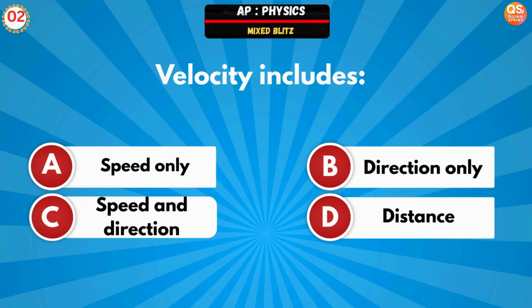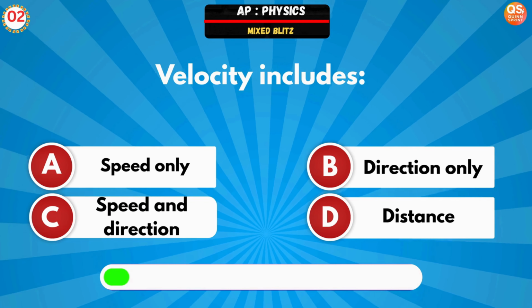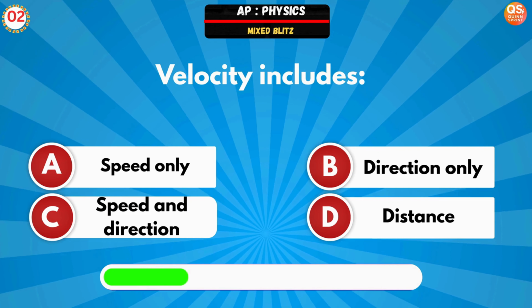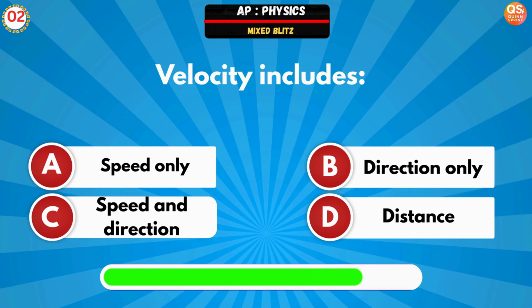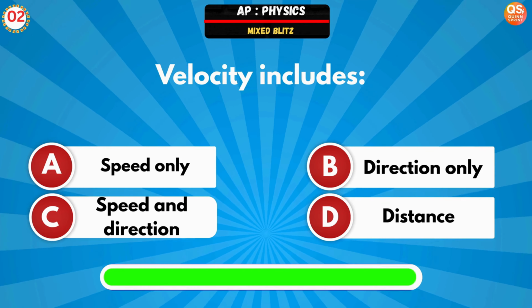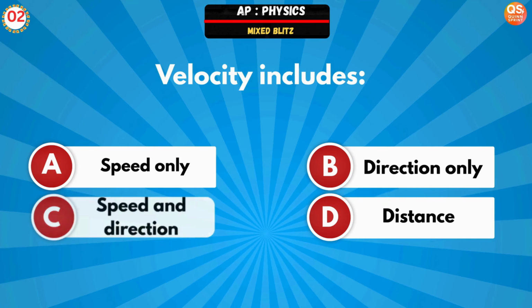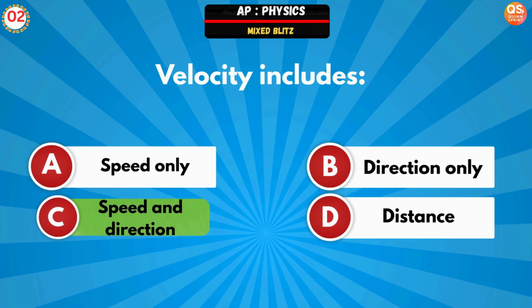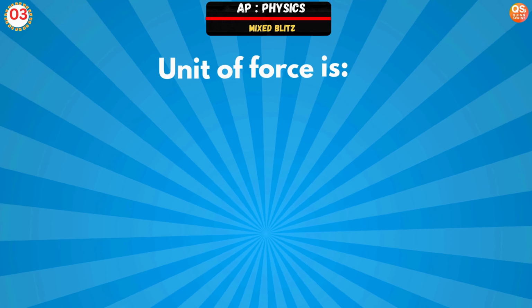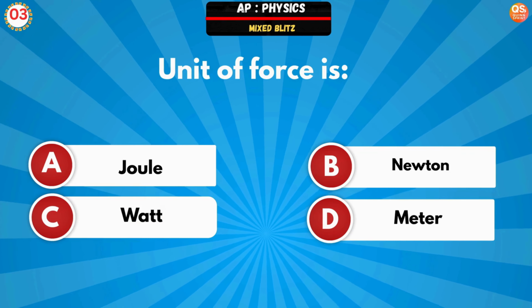This one should be 3 points. Speed and direction. Quick physics check, you got this.